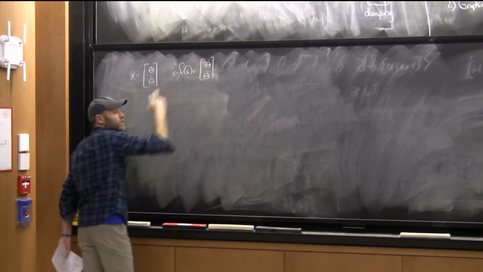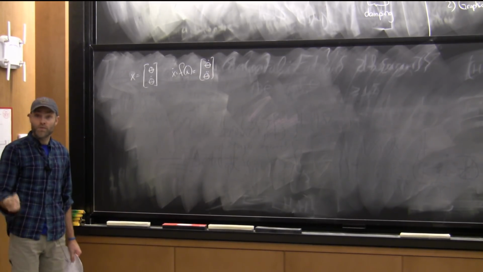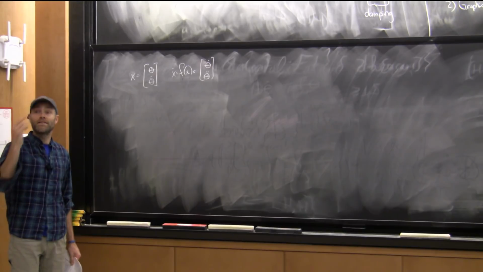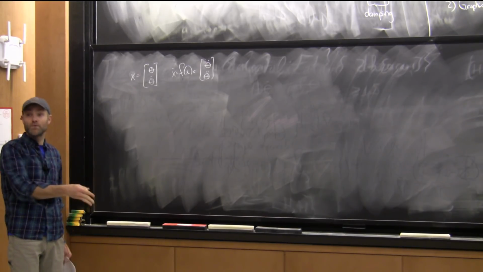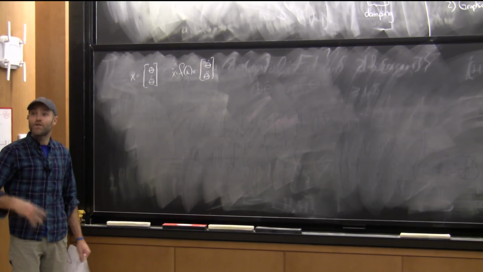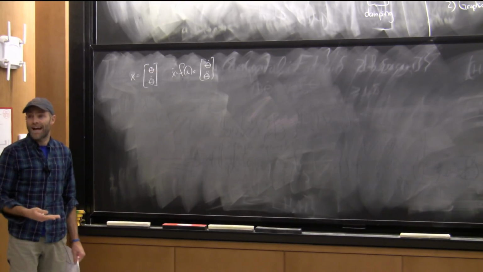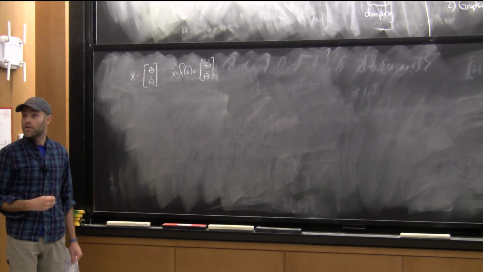Right, so this is a vector equation now. I was plotting a scalar function before, now I'm plotting a function with two variables in, two variables out. How do you plot two variables in, two variables out on the board?